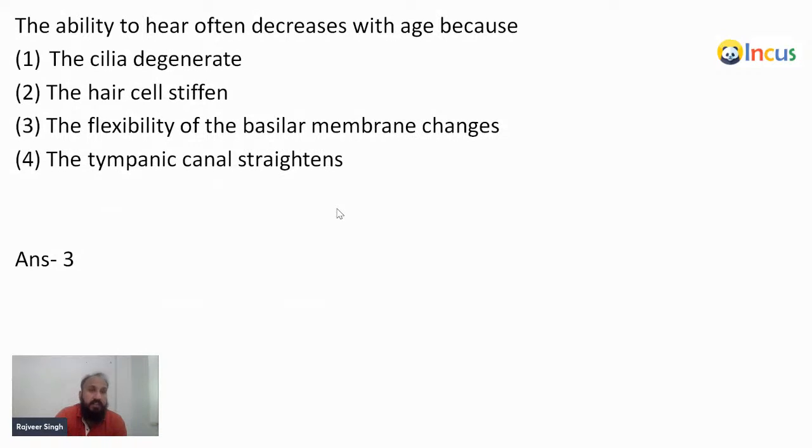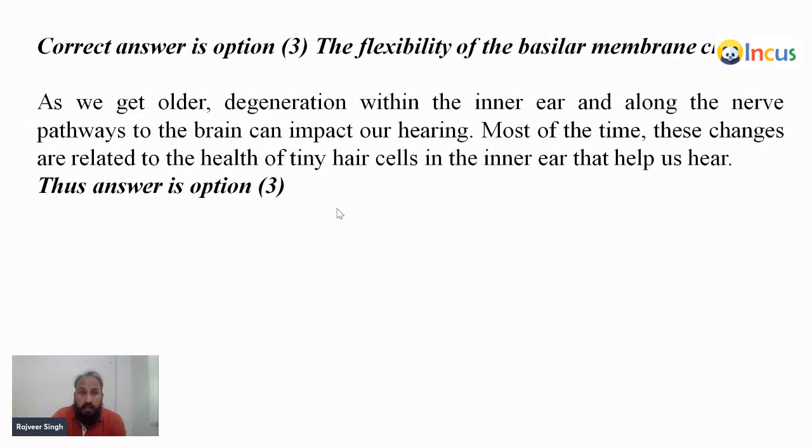Now, next question, very good question. The ability to hear decreases with age because why? The options: first, cilia degenerate; the hair cells stiffen; the flexibility of the basilar membrane changes; the tympanic canal straightens. So the answer will be that the flexibility of the basilar membrane changes. So the answer will be third.